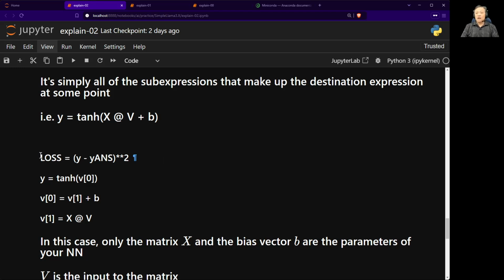So this loss is the final expression in your neural network while you're training. And y is the next stage. Y is basically tanh of something. The next stage is adding the bias b to v1, and v1 is the matrix x multiplied by v.